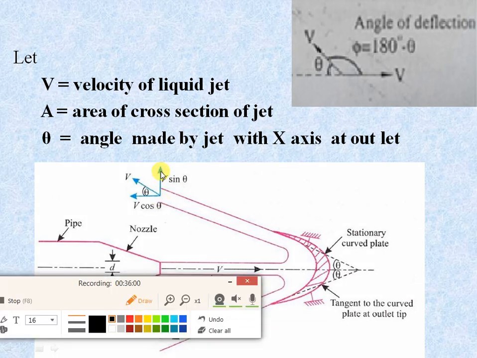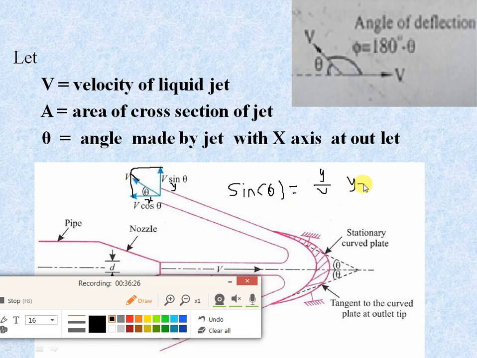Let us consider this triangle, where this angle is theta, this side is y and this is x. Apply sin theta: sin theta is the opposite side, the vertical y, upon the hypotenuse v.